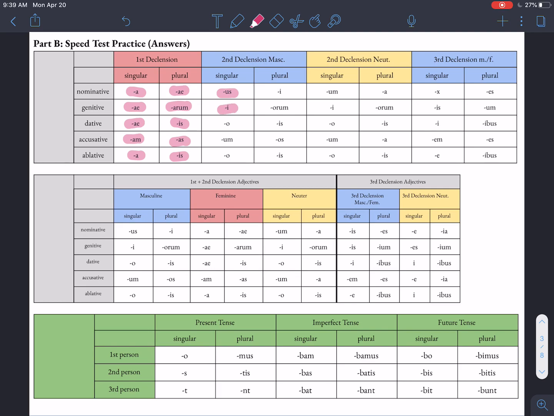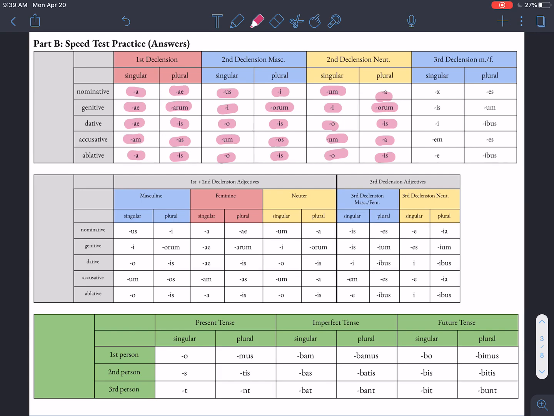U, S, I, O, U, M. O, I, O, R, U, M. I, S, O, S. And I, S, 2. U, M, I, O, U, M. O, A, O, R, U, M. I, S, A, I, S. That's the neuter second declension.